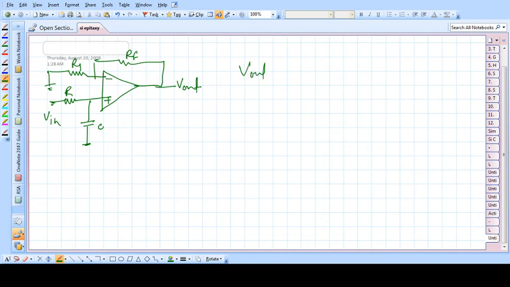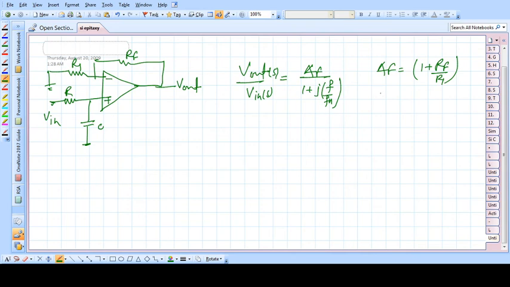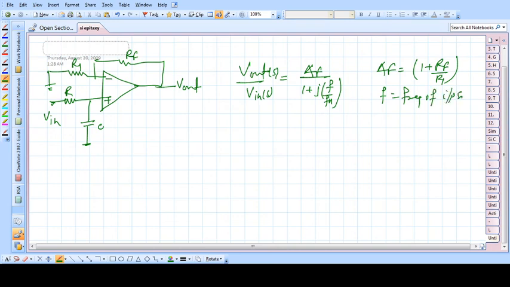Finally what we got is V out by V in equals some function A by 1 plus j F by FH, where A is 1 plus RF by R1, and F is the frequency of the input signal, and FH is 1 by 2 pi RC, the high cutoff frequency of the corresponding filter.